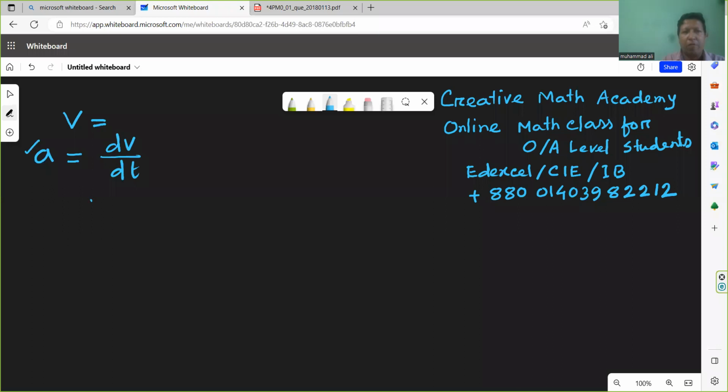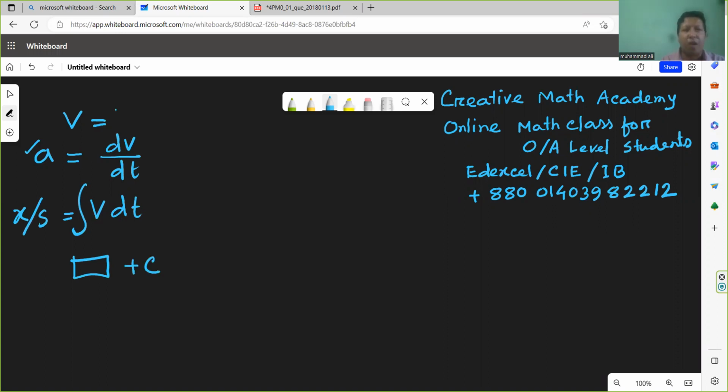But from velocity, if we want to get the displacement, we have to integrate velocity with respect to time. Then we will get displacement. In some questions, displacement is indicated as s also. And after integration, we have to add the integral constant.